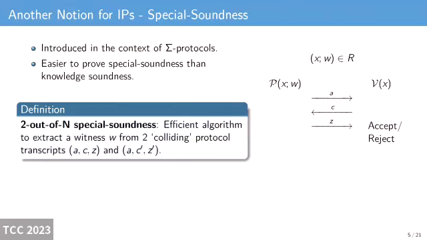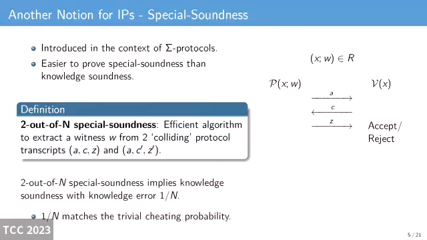Then we say that such a Sigma protocol is 2-out-of-n special sound if you can extract a witness W efficiently from 2 colliding protocol transcripts. And 2 transcripts are colliding if they have the same first message A, but different challenges C and C prime. It is well known that 2-out-of-n special soundness implies knowledge soundness with knowledge error 1 over n, which matches the trivial cheating probability for typical Sigma protocols.